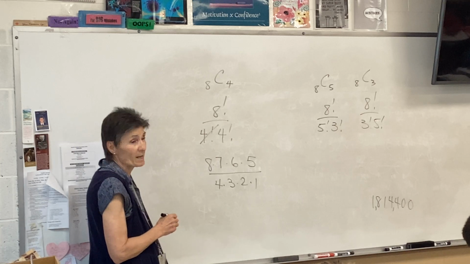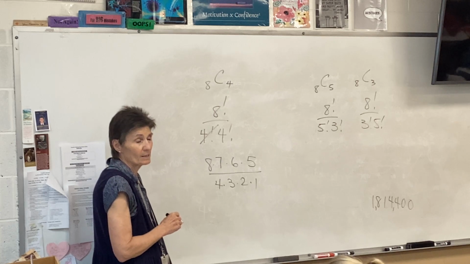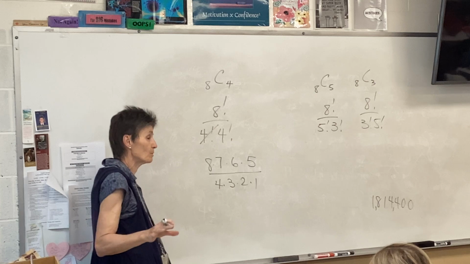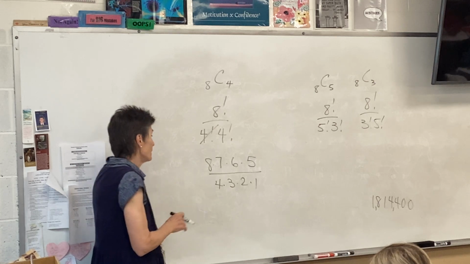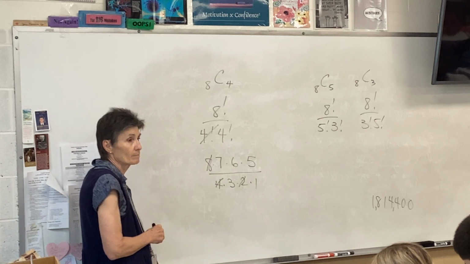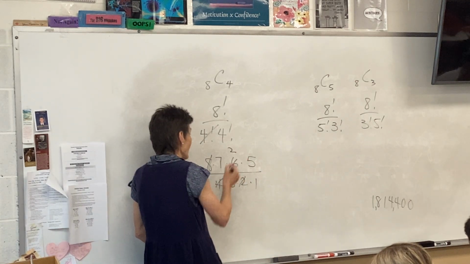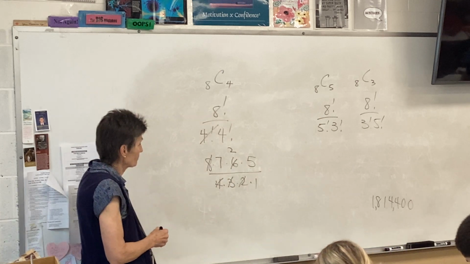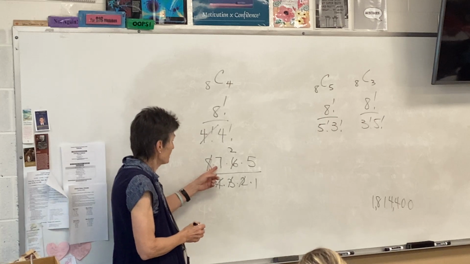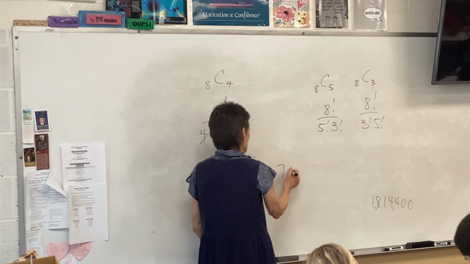So remember, you can't go to your calculator until you have canceled the denominator. The denominator will always be gone. You can always get rid of it. So 4 and 2 would take care of the 8. 3 goes into 6 twice. So what am I left with? 7, 2, and 5, so the answer is 70.